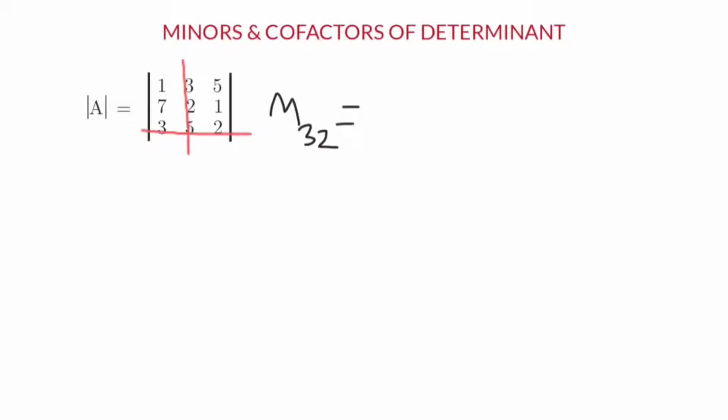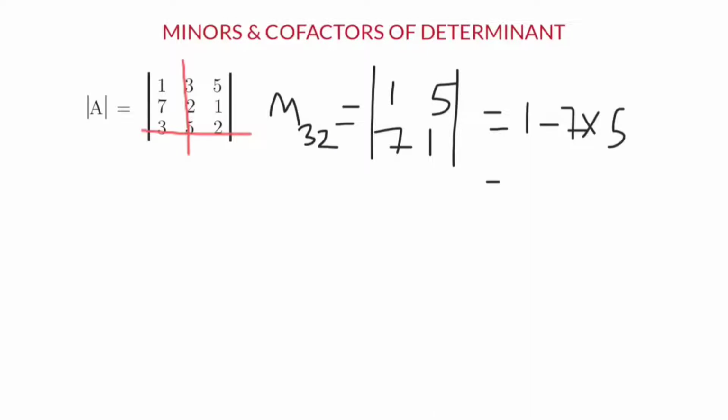M32 will be equal to the determinant of 1 5 7 and 1. Now you can easily calculate the determinant of this, which will be equal to 1 minus 7 times 5, and it will be equal to minus 34. So this is minor. I hope you have understood the concept of minor.